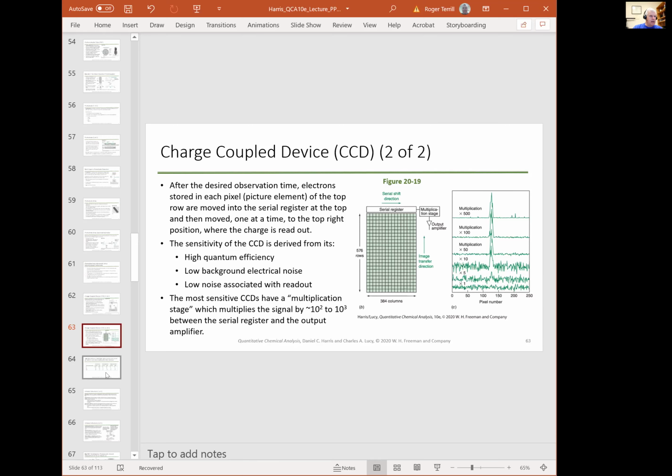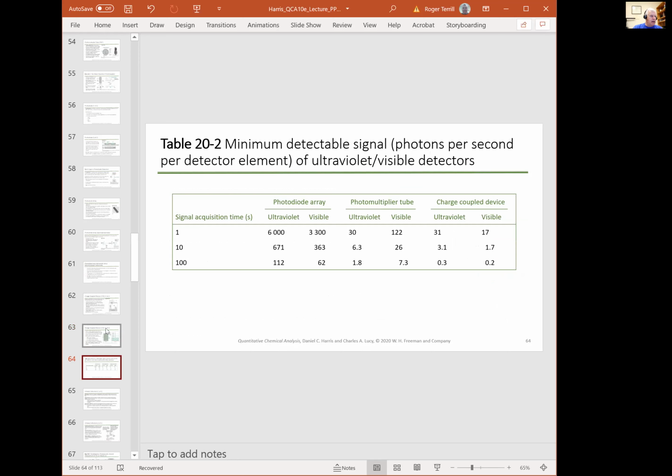All right, so I've sort of beaten this to death. Here you can see some statistics that compare photodiode arrays, photomultiplier tubes, and charge coupled devices.